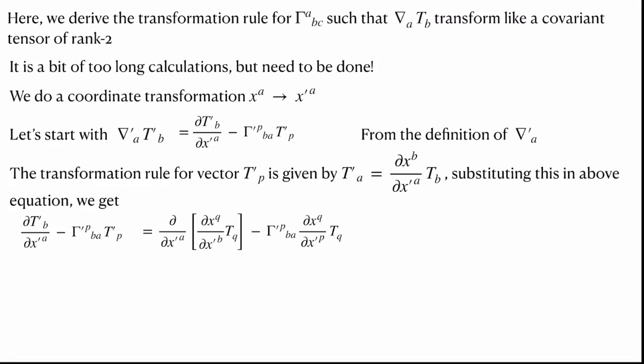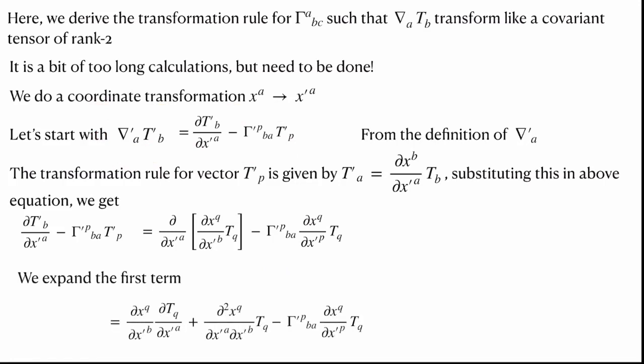As a result, we get the partial with respect to x prime a of dx^q by dx prime b into t_q, minus gamma prime p upper index and b, a lower indices, and then dx^q by dx prime p into t_q. This is just substitution of the transformation rule for t prime into our definition of the covariant derivative in the x prime coordinate system. And then let's expand this.